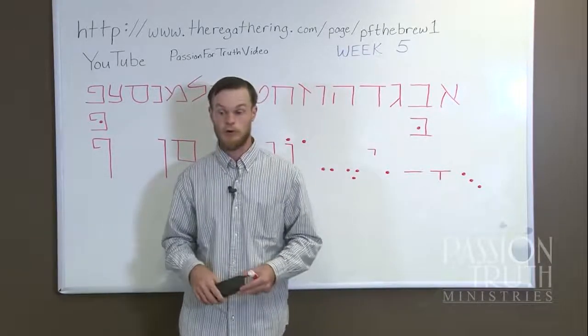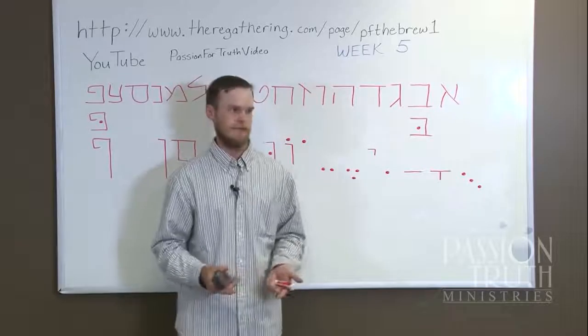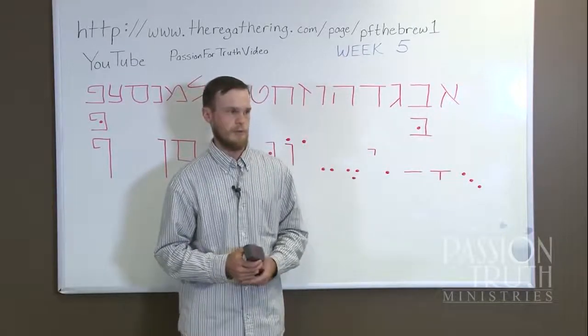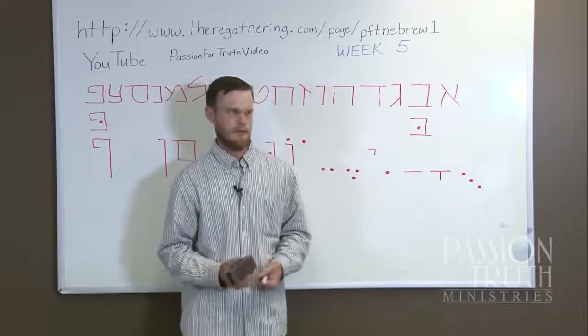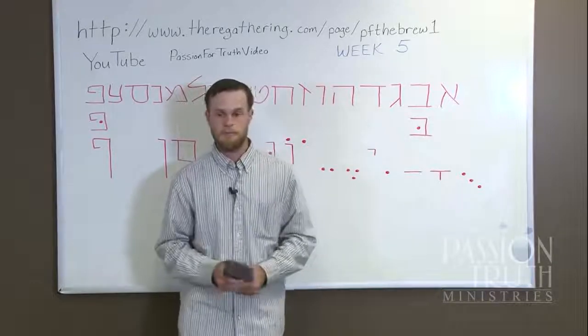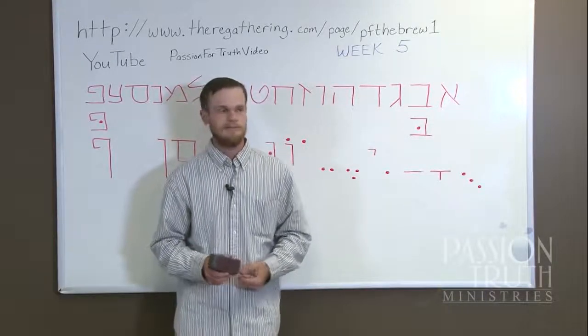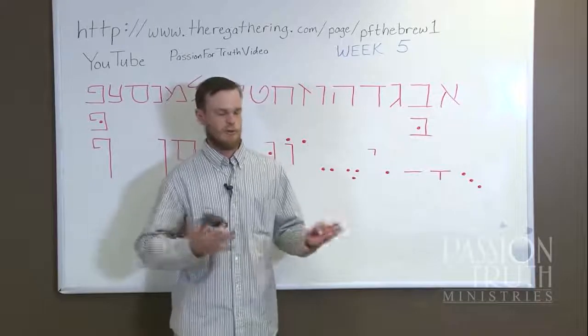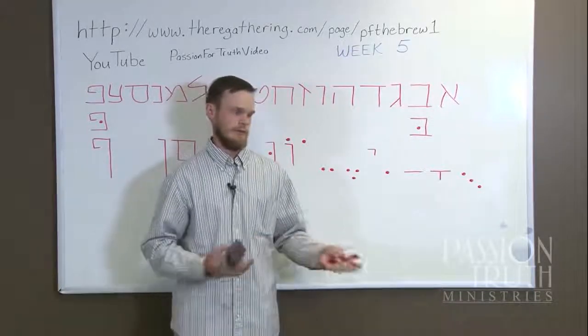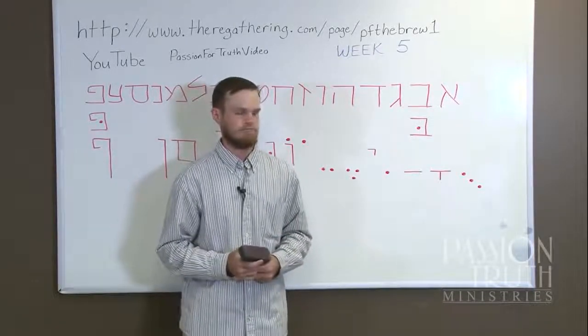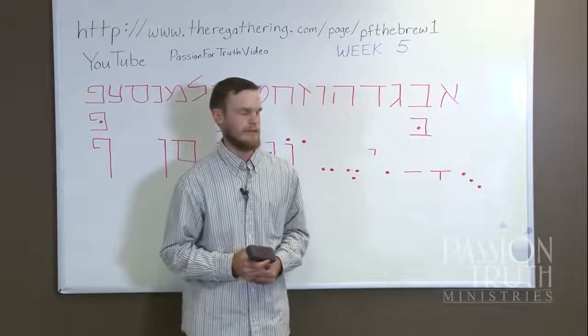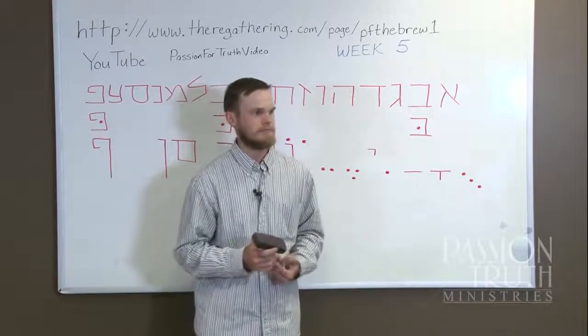Right. Yeah, the Torah doesn't begin with an Aleph, it begins with a Bet, Bereshit, the first word of the Torah. It doesn't end with a Tav, though, it ends with a Lamed. Yeah, so there's thoughts on why it begins with a Bet as opposed to an Aleph, and there's all kinds of neat little things people talk about with that.